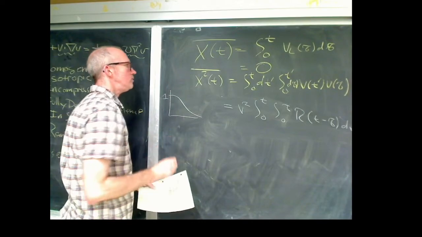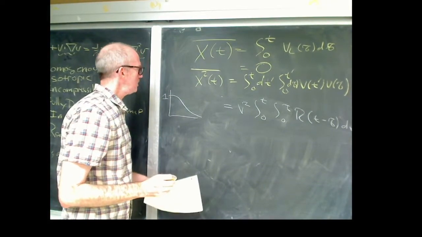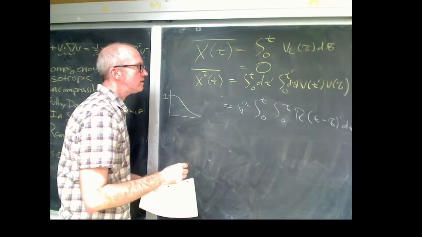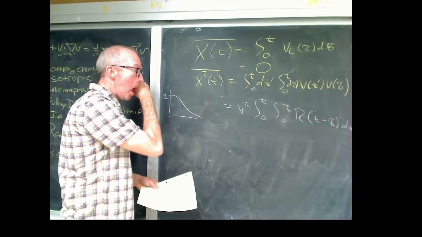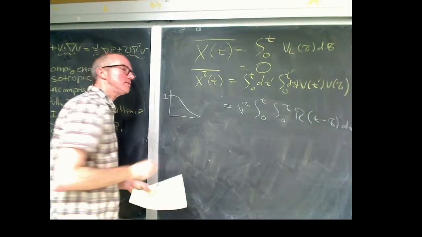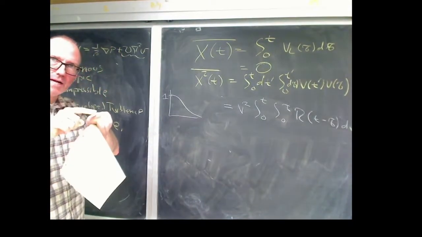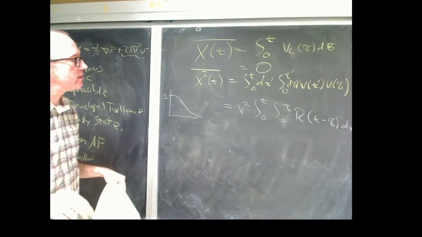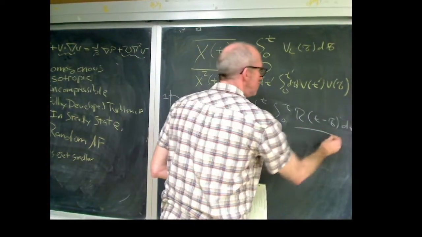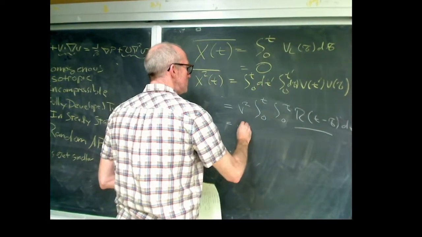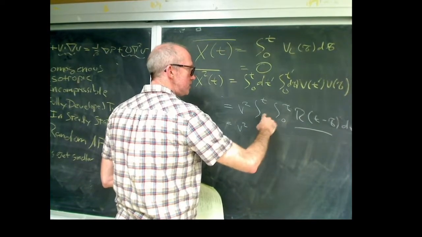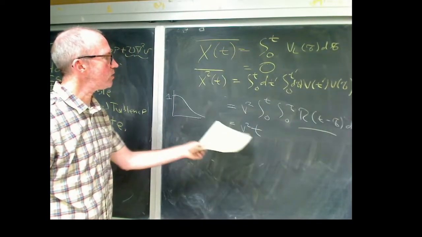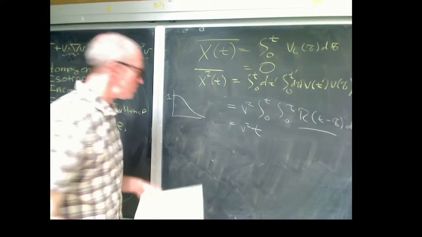It's 1 at delta t equals 0, and it falls off. So if I'm way down here and I'm looking at very short time, or very small spatial separations, then this is basically 1. And my integral looks like basically v squared times the integral of 1 to t, v squared t. So the average x squared is, oh, I'm sorry, I did that wrong.